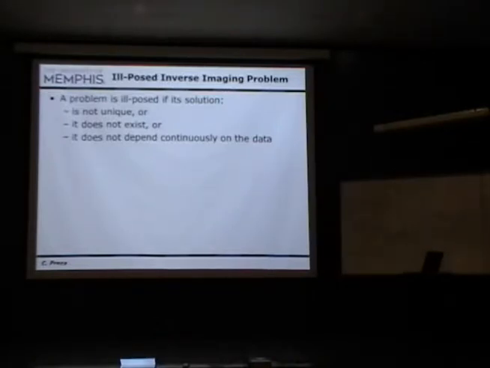So most inverse imaging problems are ill-posed, or simply the solution does not exist, okay? Or it does not depend continuously on the data, which means that if my data changes a little bit, like there's some noise, and I try to find a solution, then the solution changes a lot, all right? You can get garbage out if you try to process noisy data. That can happen.